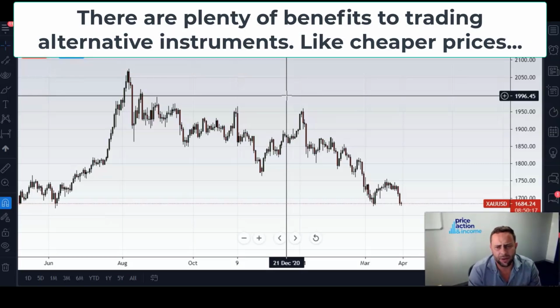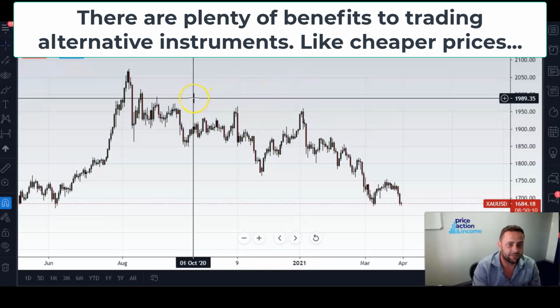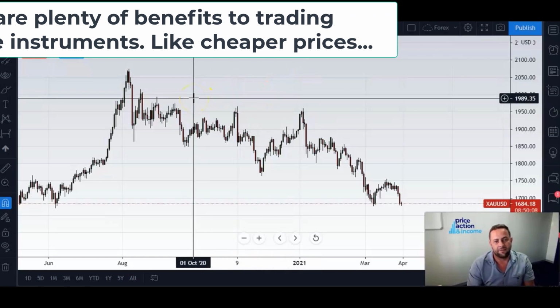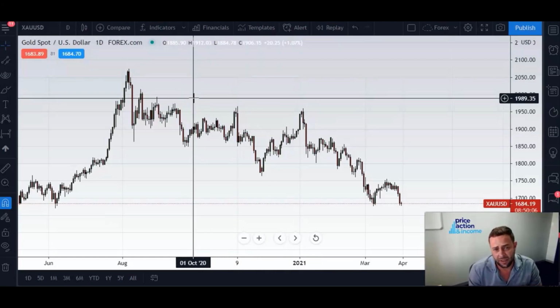And they can give you exposure at cheaper prices. In the case of gold, if you were trading the futures side, you need quite a bit of margin to put forth before you can open one contract of gold.